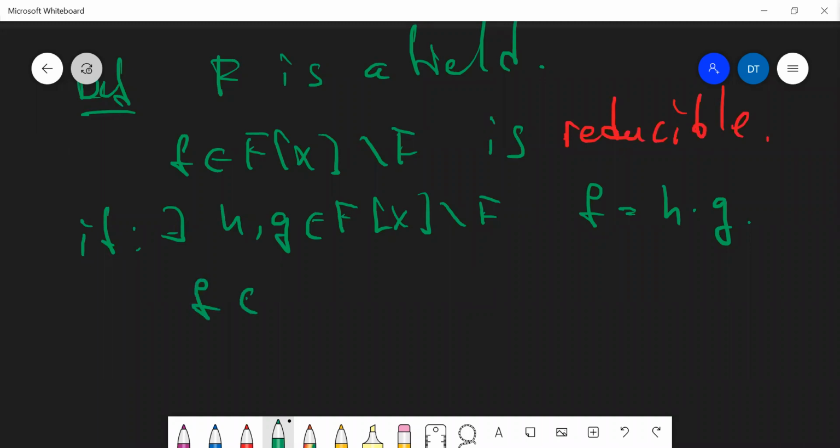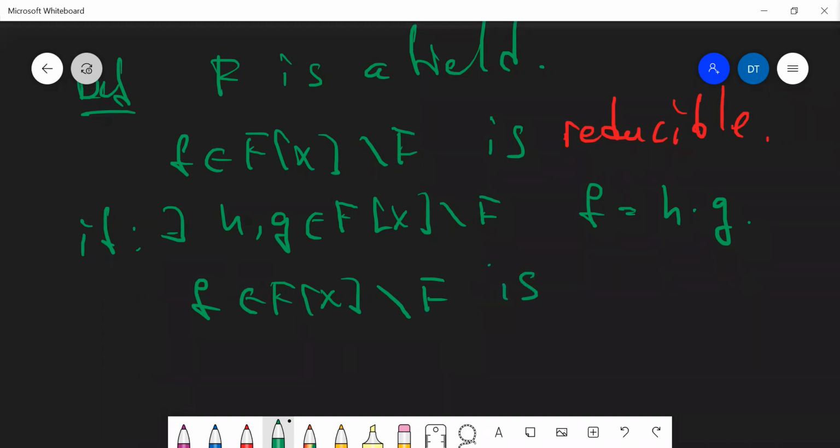So f is a non-constant polynomial. If you are given a constant polynomial, which is an element of F, this term is not applicable. You cannot say it's reducible or irreducible. It doesn't make sense. Reducible or irreducible makes sense only for non-constant polynomials, so for polynomials of positive degree.